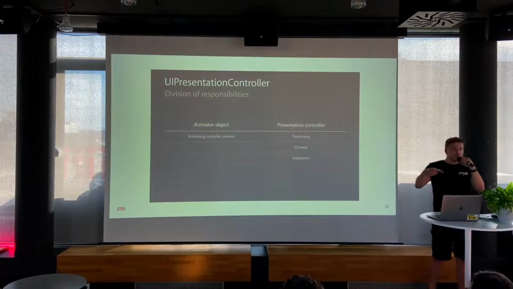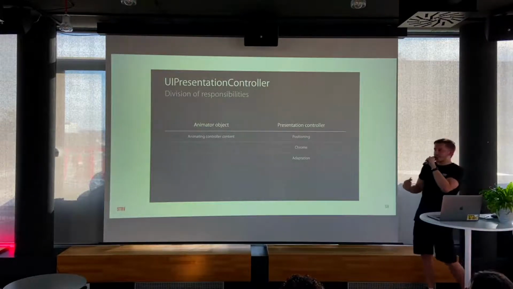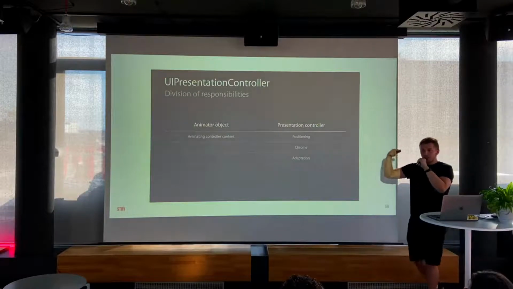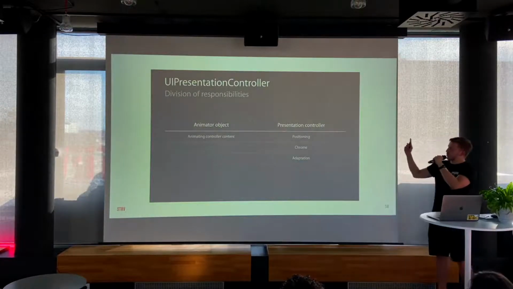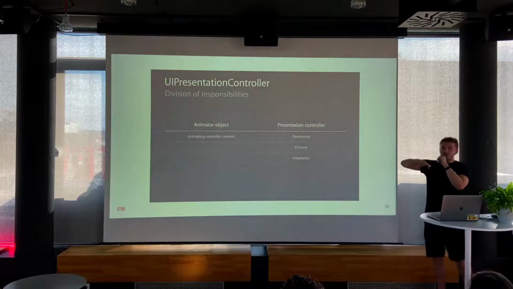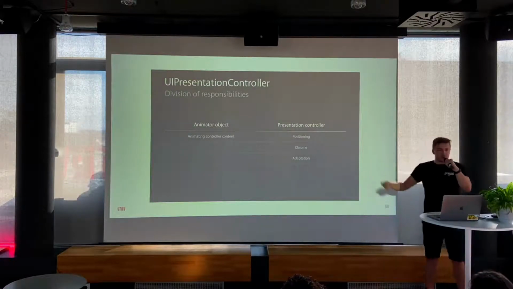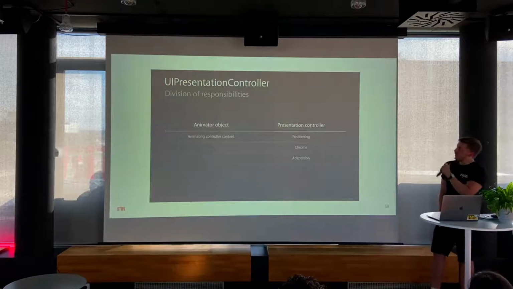And these objects are supposed to work in sync together. As you can see, animators are in charge of the actual animation. The presentation controller is in charge of its position, size, adding some chrome, meaning some background, and so on.